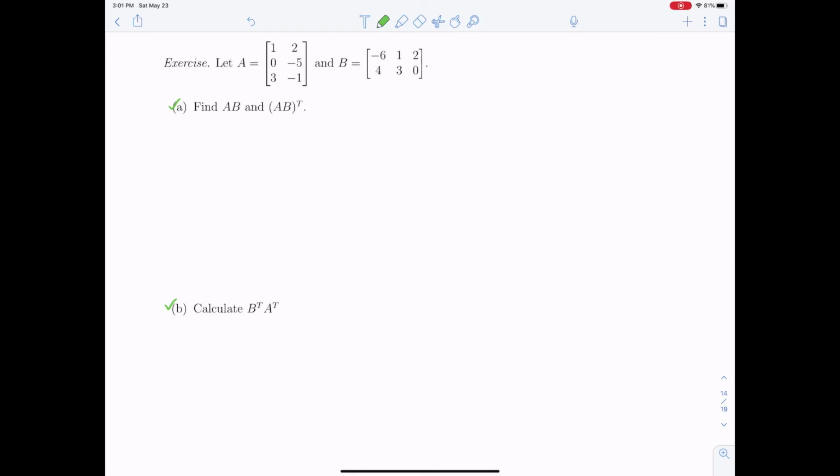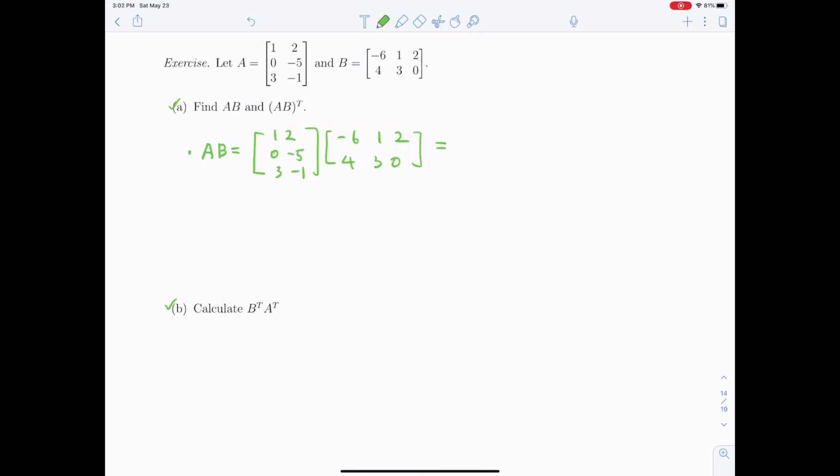Okay, so let's solve these problems together. Basically, A times B is given by 1, 2, 0, negative 5, 3, and negative 1 times negative 6, 1, 2, 4, 3, and 0.